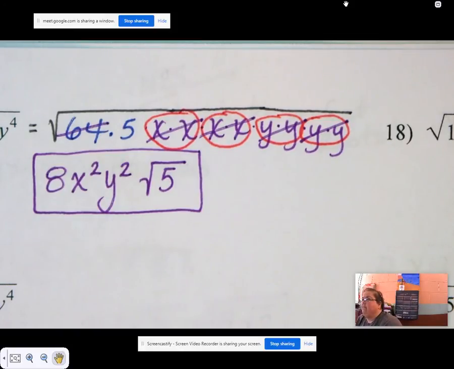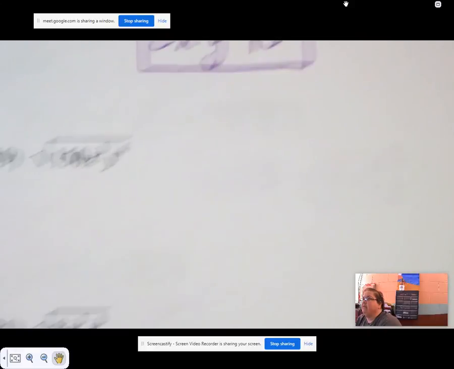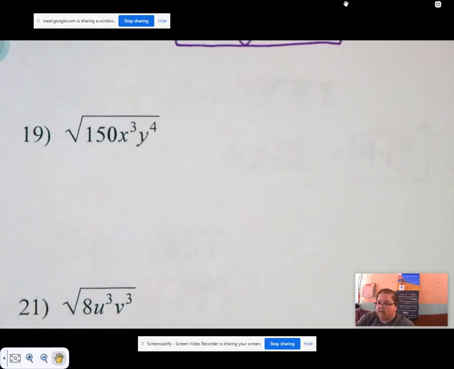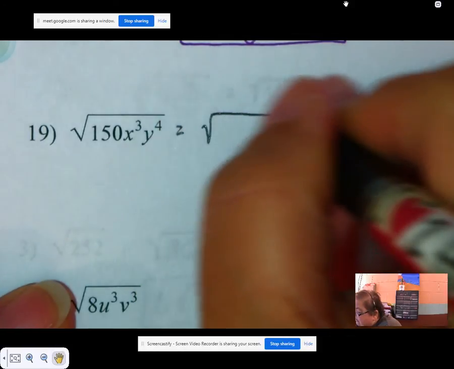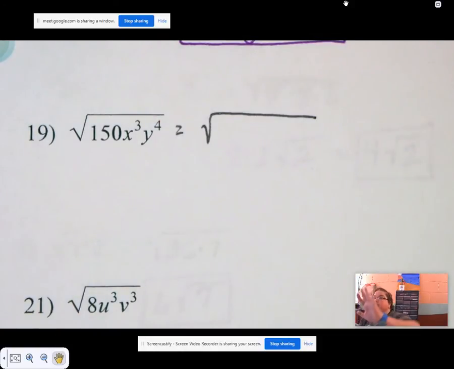Okay? Number 19. Please take care of your number first here, and when you know what to multiply together to get 150 with the highest perfect root, let me know what you got.